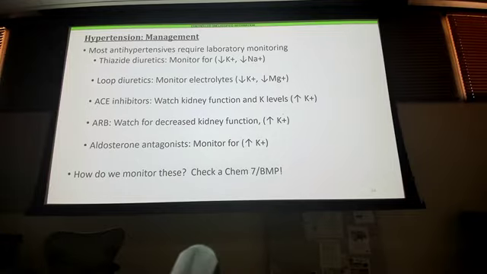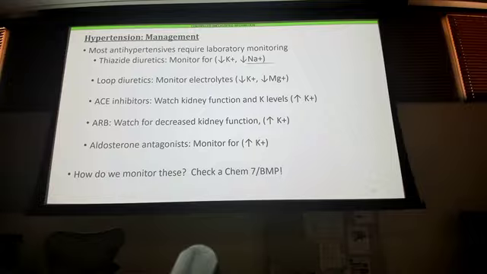But regardless of which antihypertensive you start them on, you have to monitor their electrolytes appropriately. You can see this list of what types of electrolyte derangements we may see if the patient is on this medication. And you can see a lot of these are redundant. There's impacts on your potassium levels. Some go up, some go down. There's impacts on sodium.